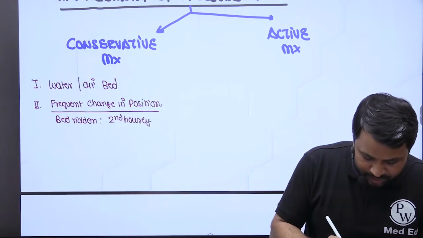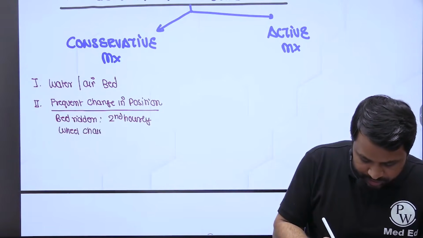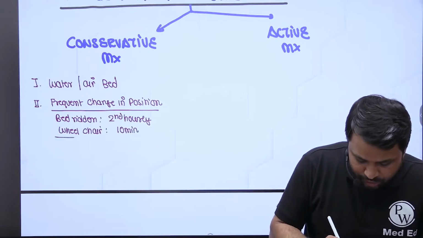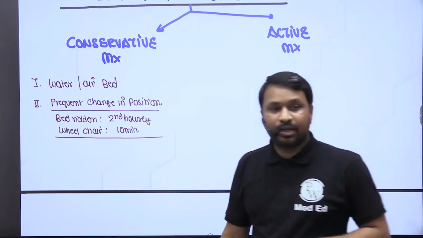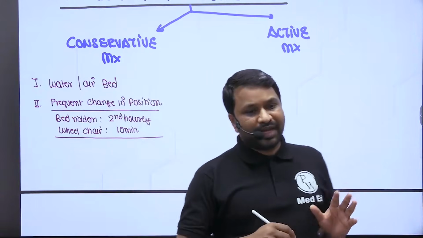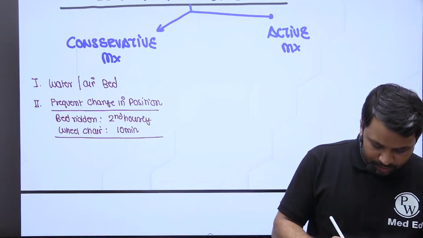And if a patient is wheelchair bound, it is every 10 minutes. The patient should change the position, right? So if it is a bedridden patient, every second hourly. If the patient is wheelchair bound, every 10 minutes there should be change in position.